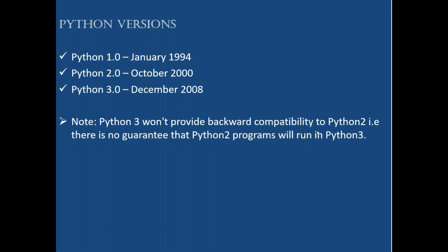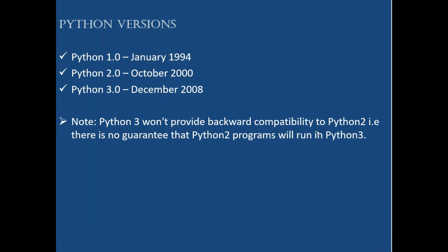For example, today I developed my Spark code, which runs on Spark 2.12. Let's say tomorrow Spark 3 or Spark 4 comes. Then my code should run on Spark 4 also, except for one or two new features. Correct? But Python 2 is not like that.